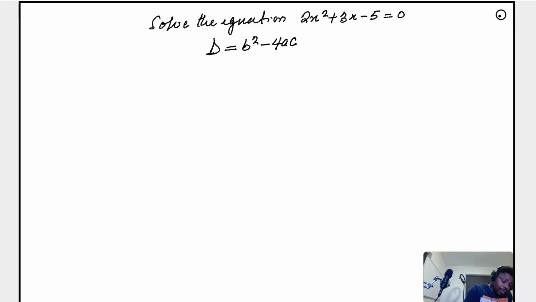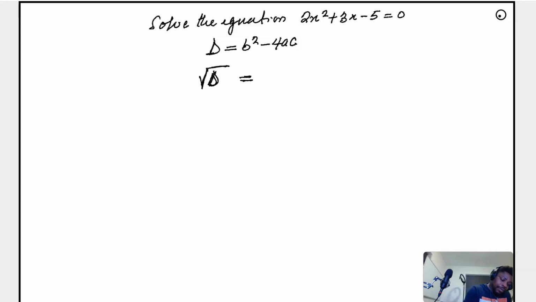So, when you are able to get the square root of your discriminant to be a perfect number, or when your discriminant is a perfect square, then you are required to use the factorization method if the question does not tell you which method to use.